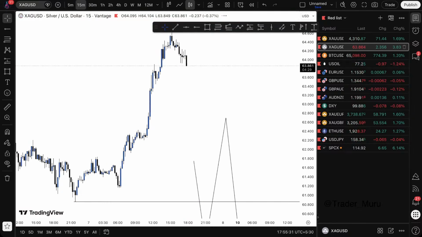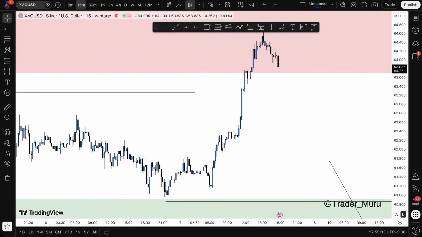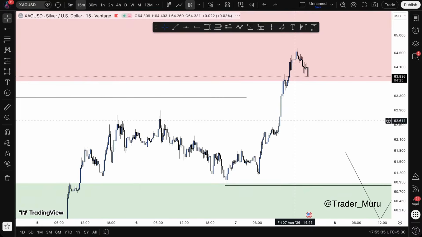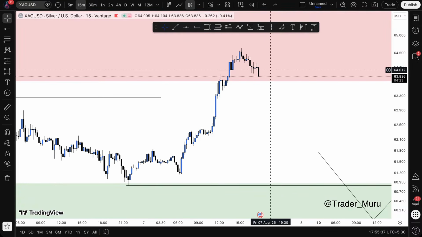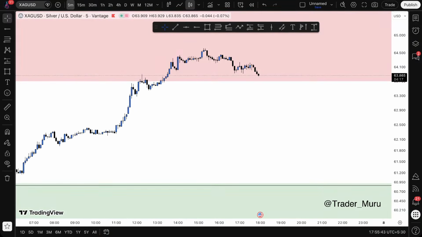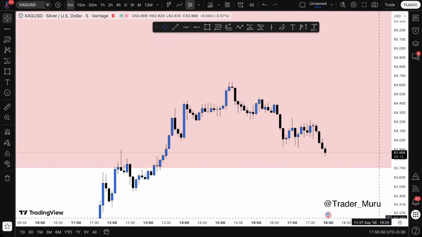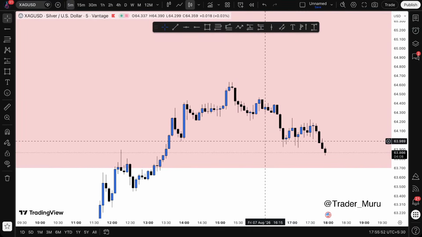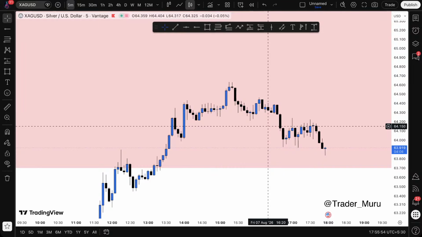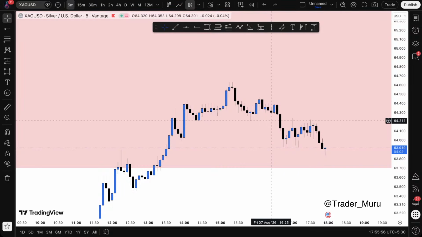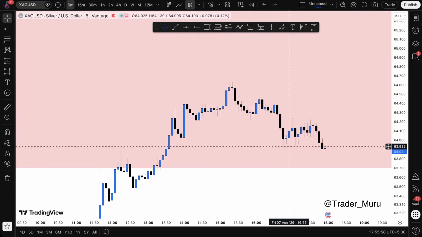News is coming in 5-minute time. Silver. Silver 5-minute is bearish. Break of structure, one more.